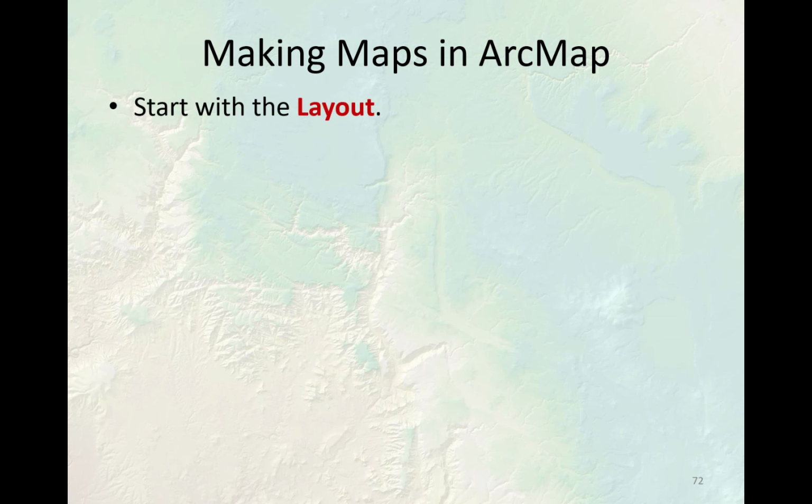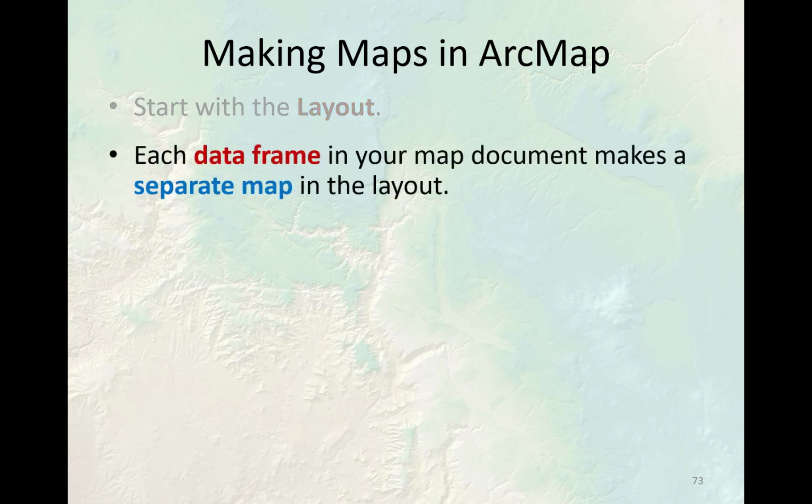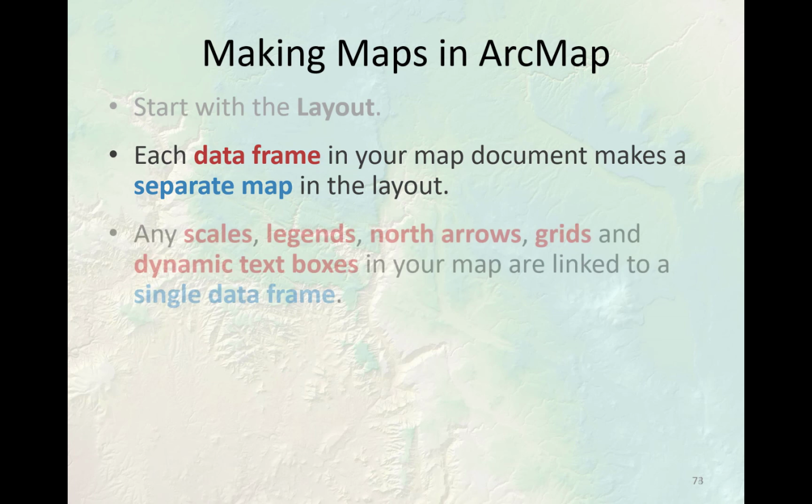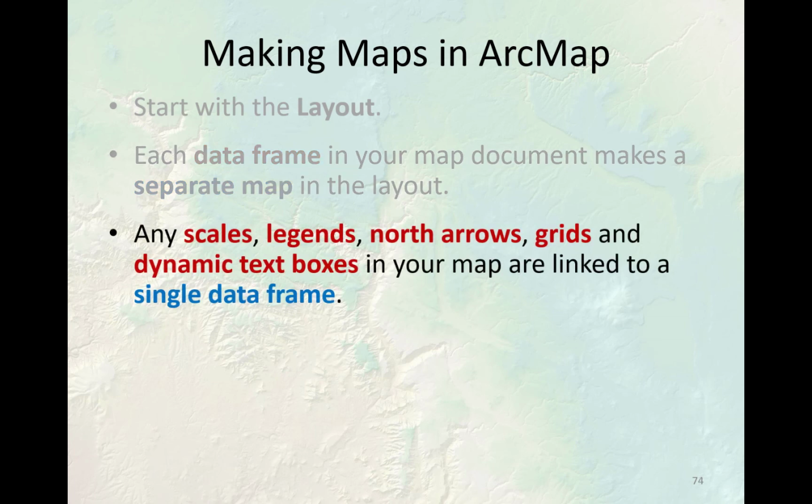It all starts in the layout. You construct and compose your map in the layout. Each data frame in your map document makes a separate map in your layout. This is how you get the inset maps or the multiple map things that let you tell a more complicated story. There are several things in your map that are linked to the data frames.